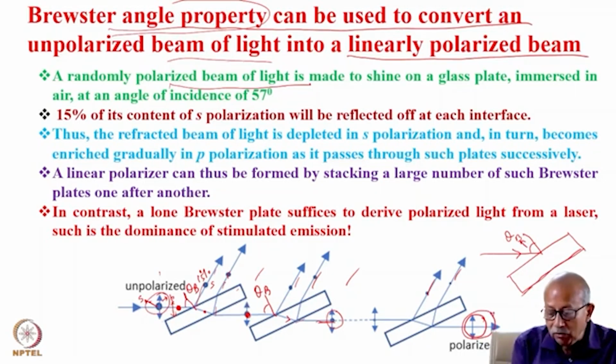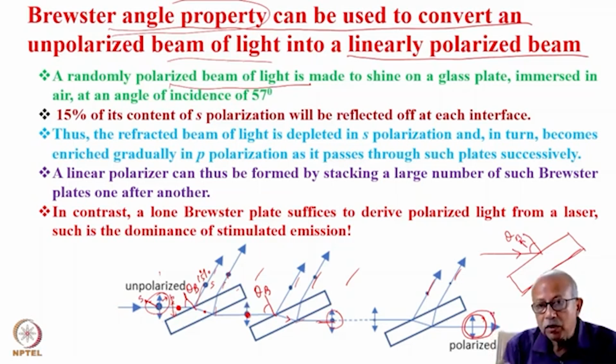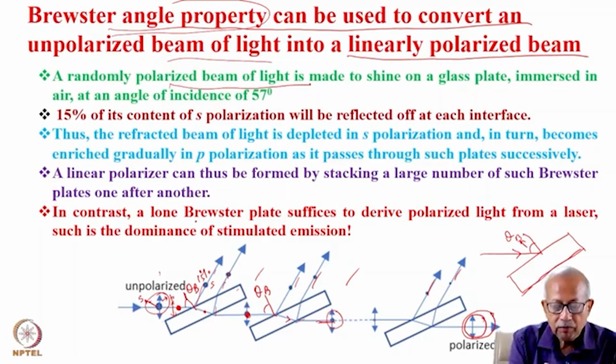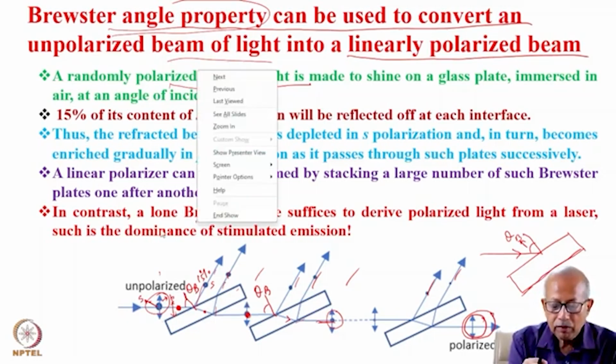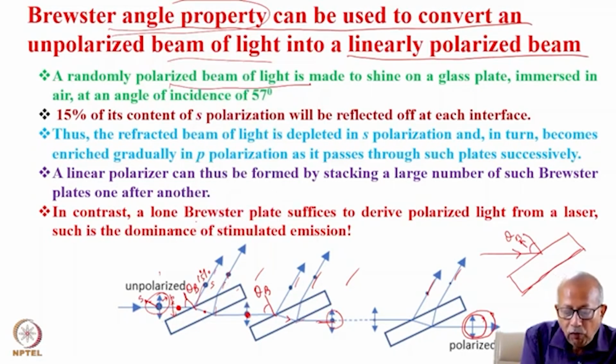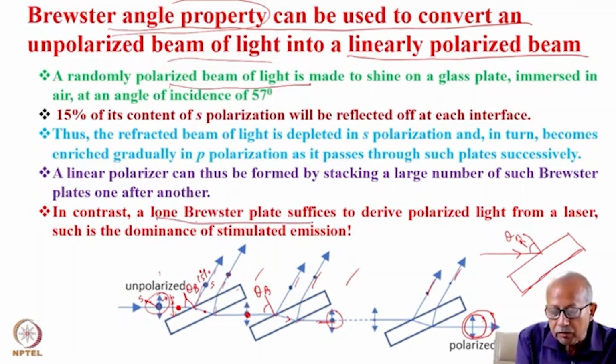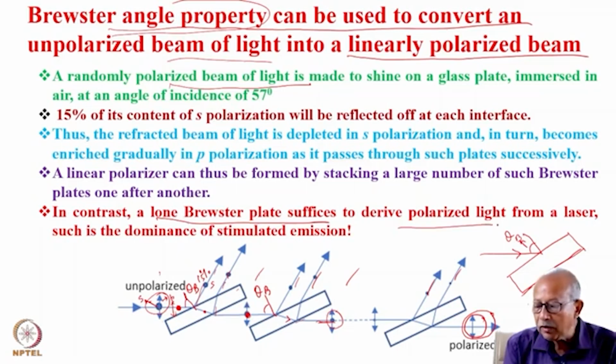So here you may need a number of such Brewster plates, but let me mention here that in the case of a laser, the use of only a single Brewster plate would suffice to derive polarized light from a laser.